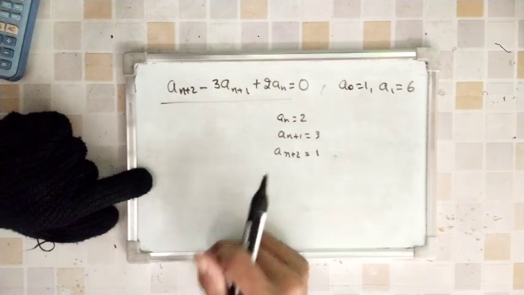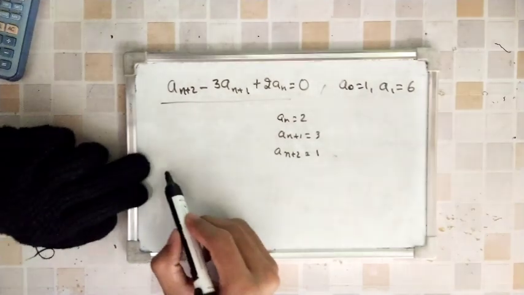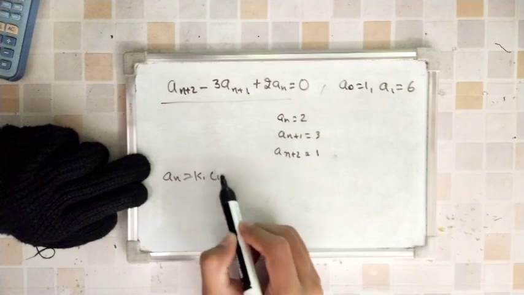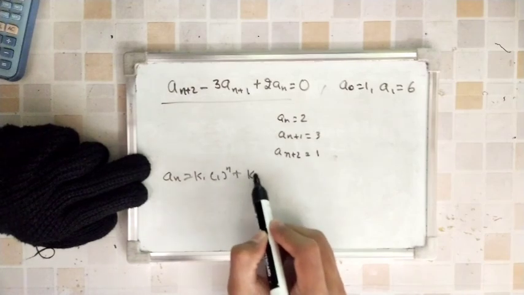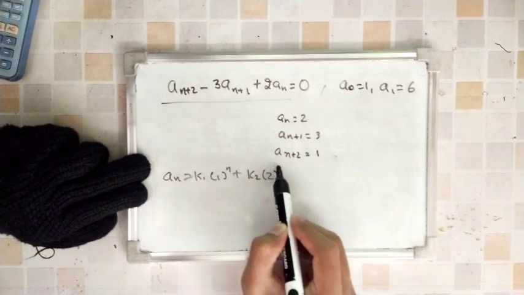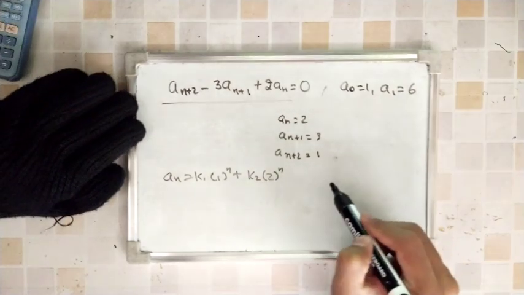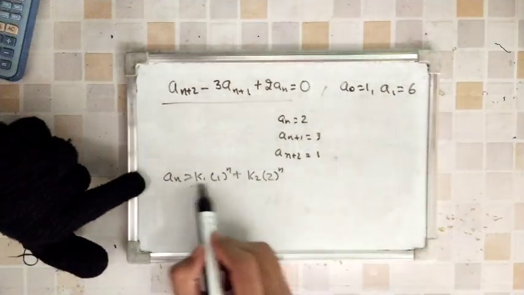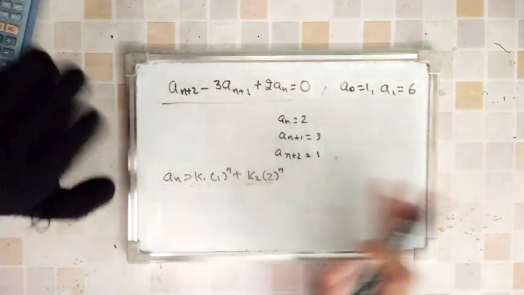So a n is equal to k1 into 1 power n plus k2 into 2 power n. Same as a into 2 power n plus b into 1 power n, like that same thing we are writing, front and back both are same.